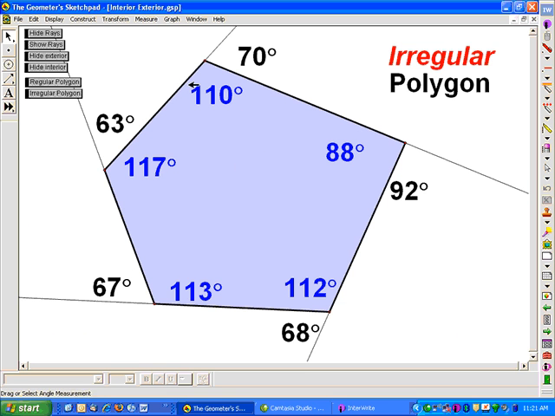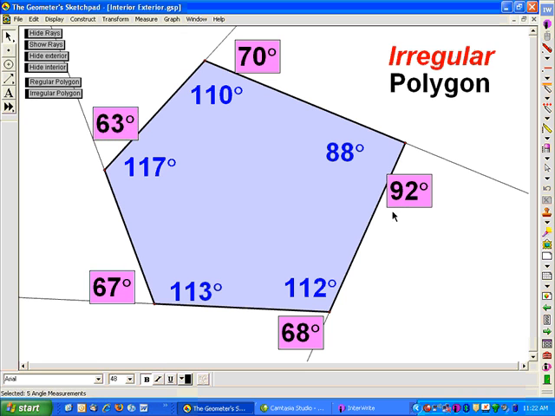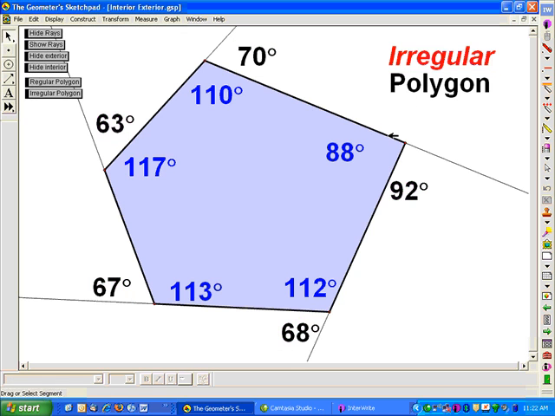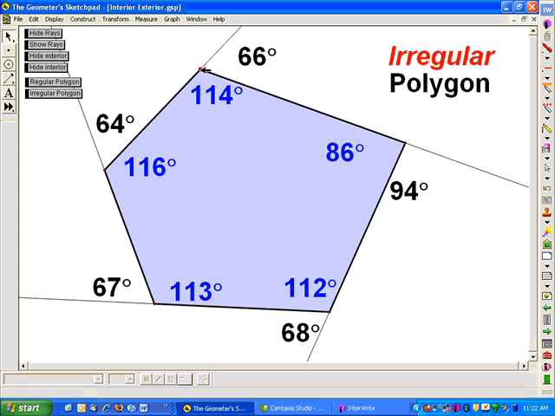Going back to our sketchpad picture, I wonder if there's any other kind of rule or formula that might be true about exterior angles of polygons. So here is my pentagon, and I have 5 angles. It's irregular, therefore they're all different. By definition of irregular, they all can be different.